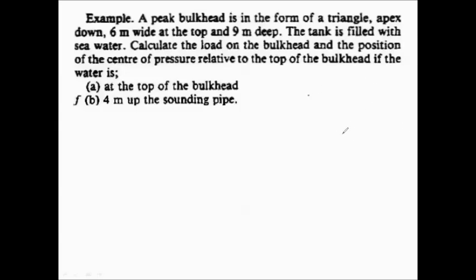It is in the form of a triangle. Apex down means the condition is like this. This is the apex. It is 6 meter wide at the top and 9 meter deep.